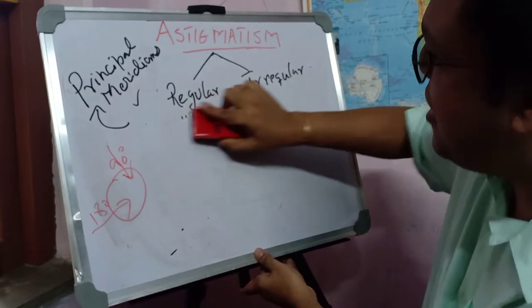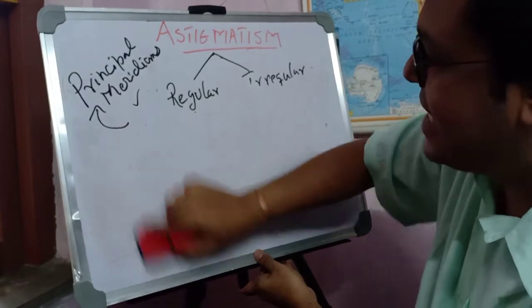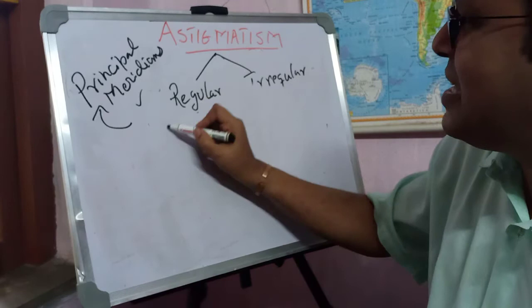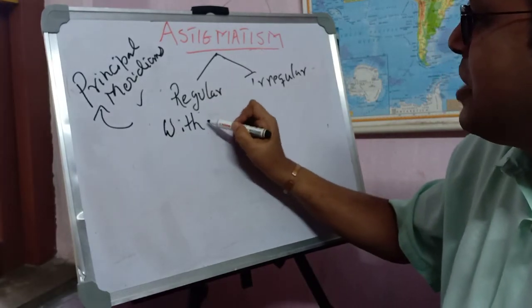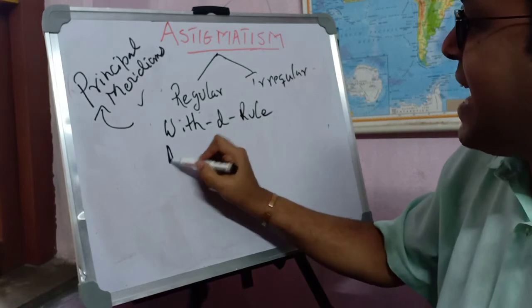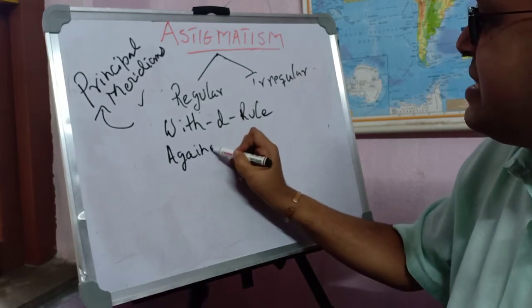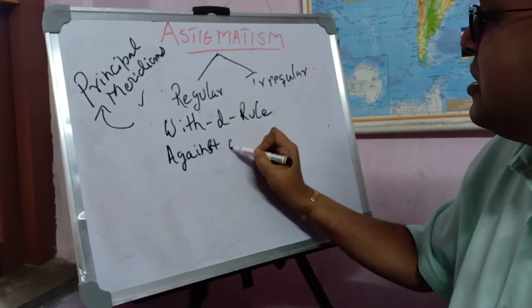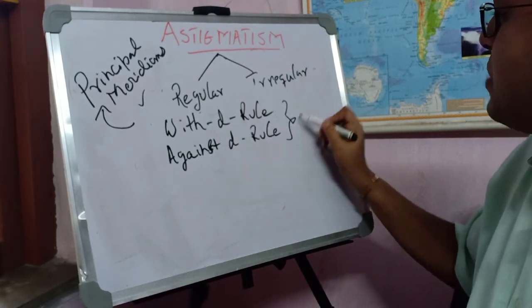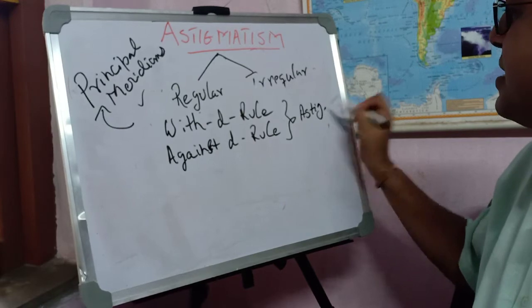Now the other way of classifying regular astigmatism is whether it's with the rule astigmatism or against the rule astigmatism. This is also a way you can classify it.